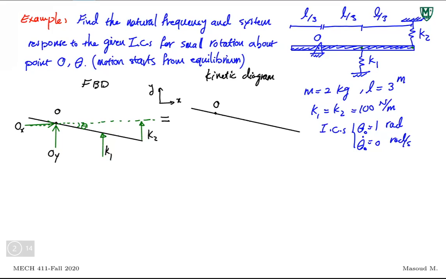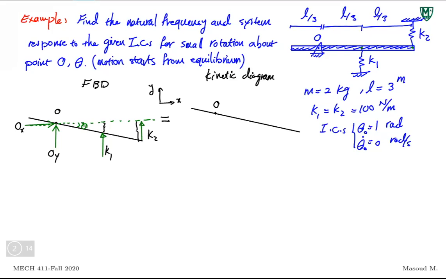We have to find how much the deformation in each spring is from the equilibrium point. The green dotted line is the equilibrium point. So what is the deflection?